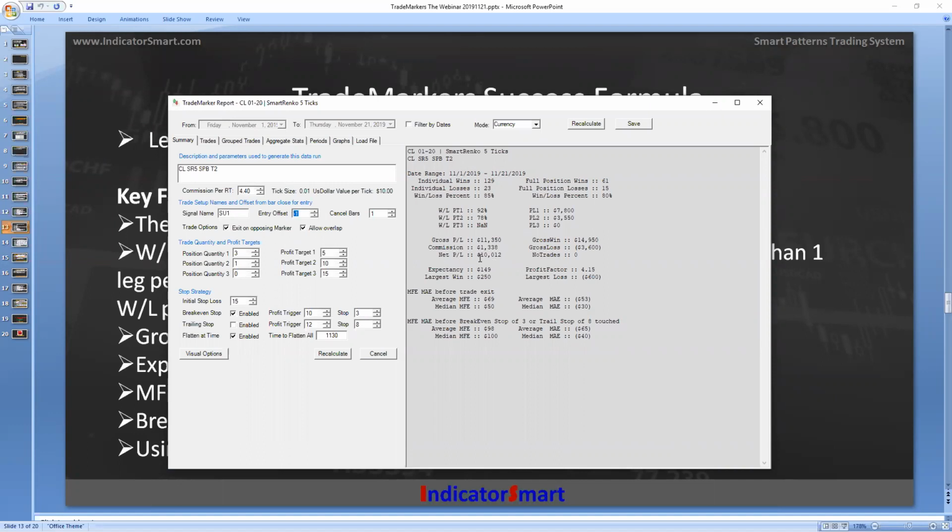I've got a system here with 10,000, 92, and 78. I'll put a one-tick discount on that. Whoa. What happened there? Just by changing the entry offset by one tick.